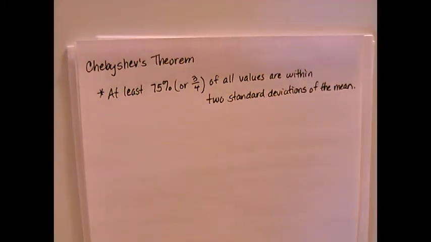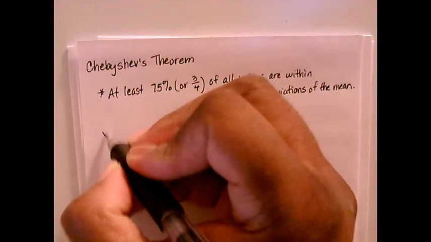Okay, at least 75% or 3/4 of all your data values are going to be within 2 standard deviations of the mean.